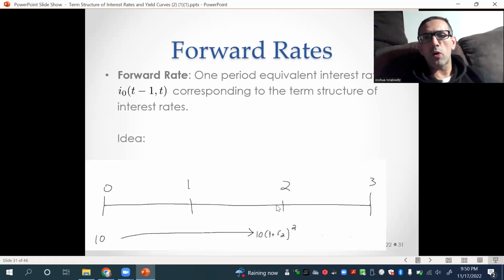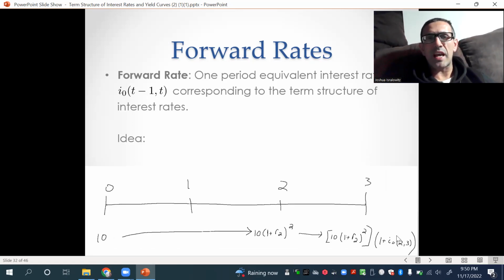But we want to figure out what the equivalent interest rate from t equals 2 to t equals 3 is in this 1-year interval. We want to figure out what that interest rate is from year 2 to 3 that corresponds to the same growth as given by a 3-year spot rate.